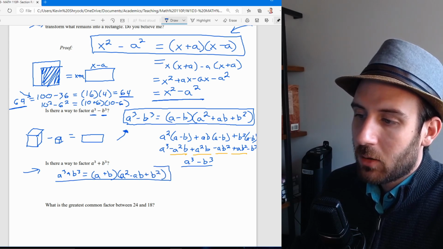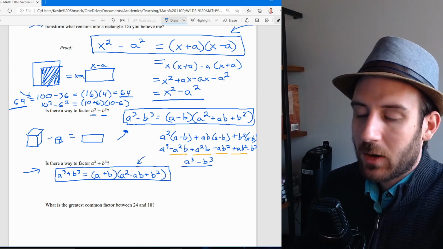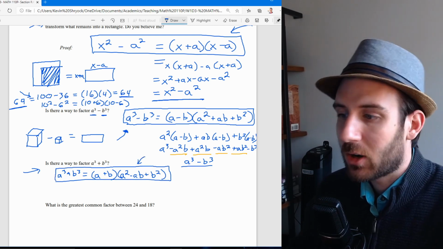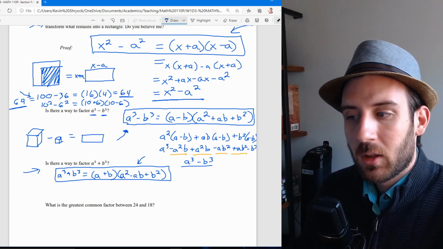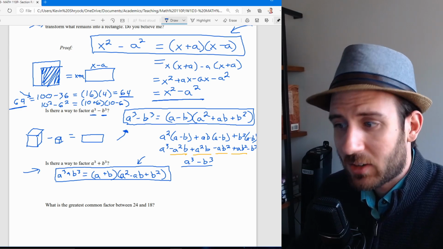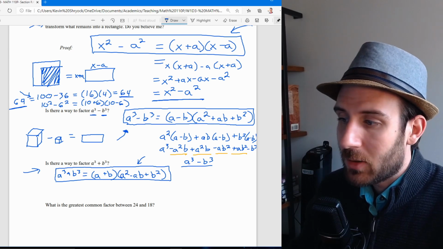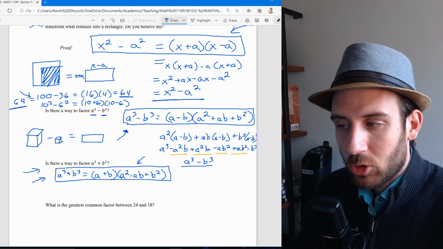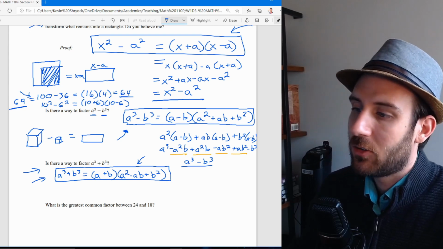And I claim that if you go through the process of distributing this entire right-hand side the same way that we just did above, you're going to find out that this rectangle, this a plus b dimension by a squared minus ab plus b squared dimension rectangle, will give you all of the material you need to be able to form a cube out of A and form a cube out of B and add it together and have the same amount of stuff on both sides.